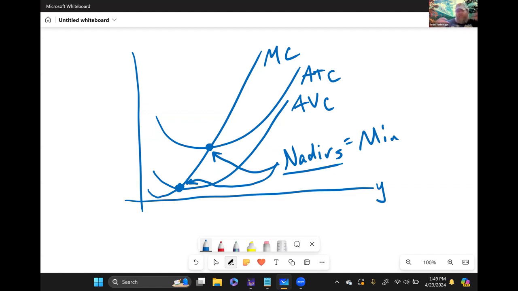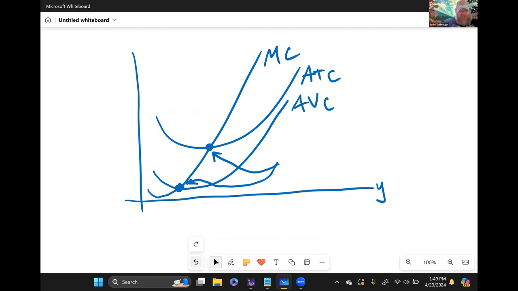Think about the average quiz score you have versus the quiz score you get on the next quiz. Right, that's the marginal quiz score. Think about it in terms of the average quiz score, and you'll very quickly get to how this works. So the marginal cost curve intersects the average variable cost and average total cost curves at their nadirs, at their minimums.